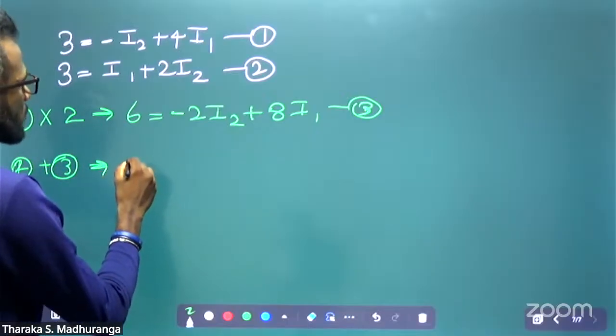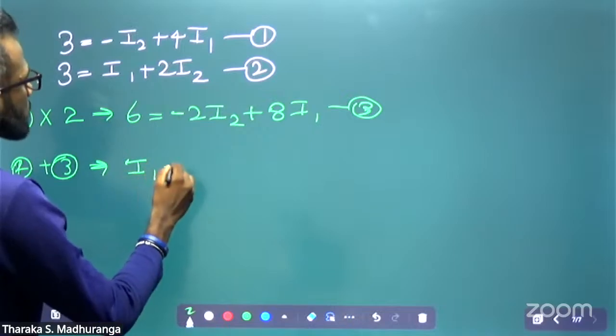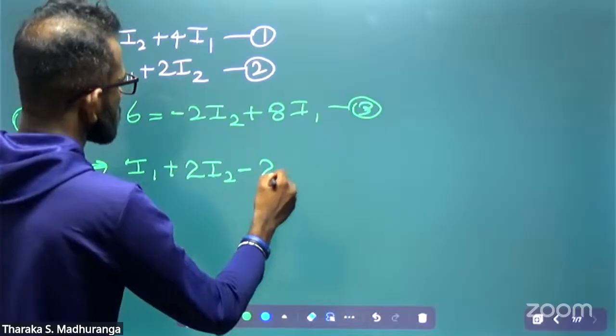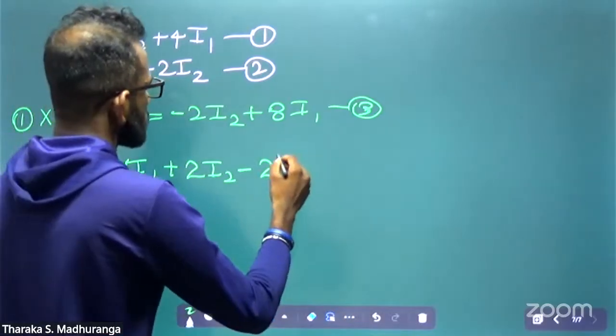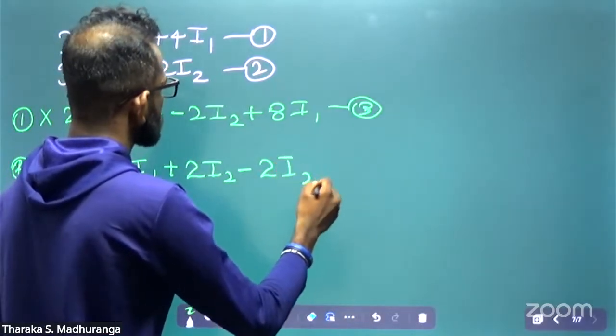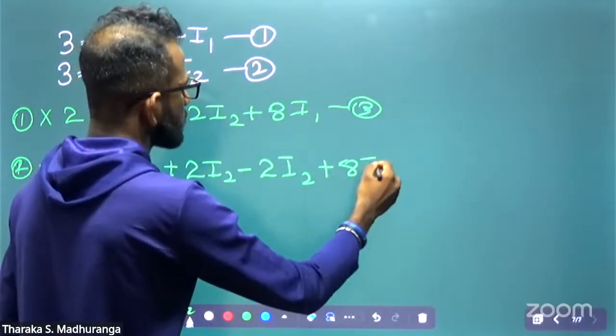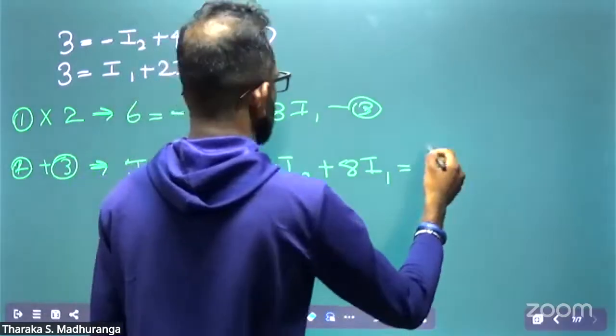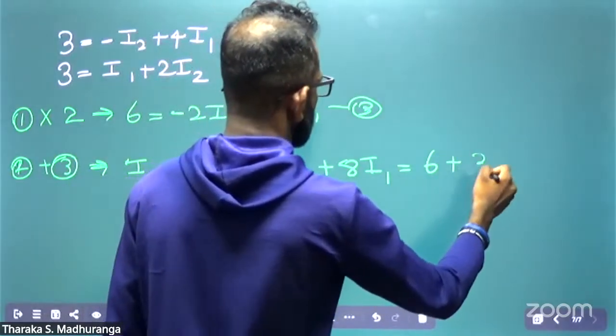Now I1 plus 2I2, minus 2I2 plus 8I1, equals 6 plus 3.